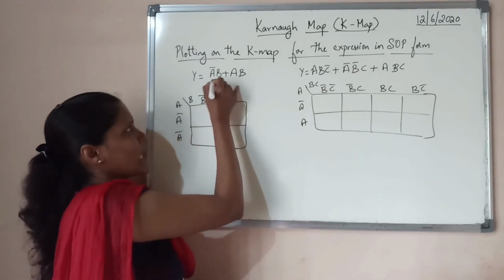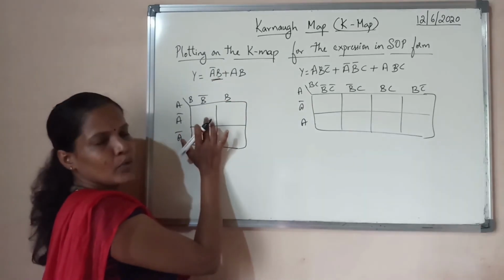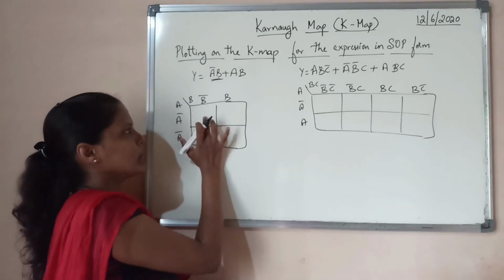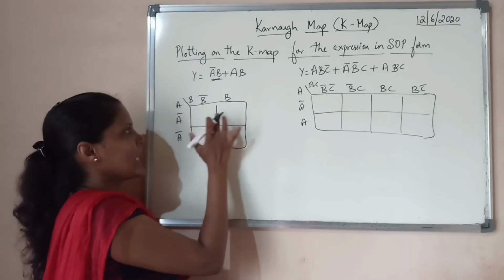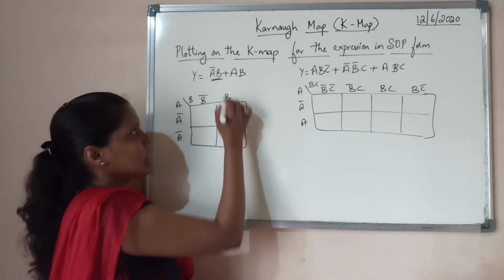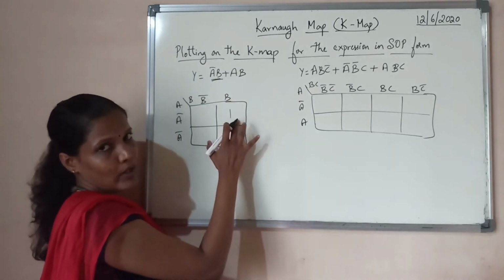I mean to say a bar b is given. This is the cell which has the minterm a bar b bar, so here I cannot write 1. Coming to this particular cell, a bar b, that is what we wanted. Identify the cells of the minterms and place ones over there.